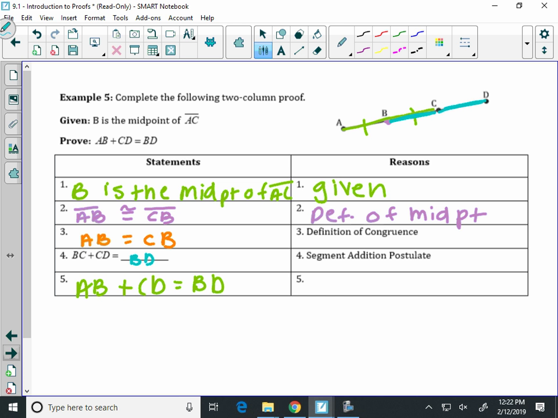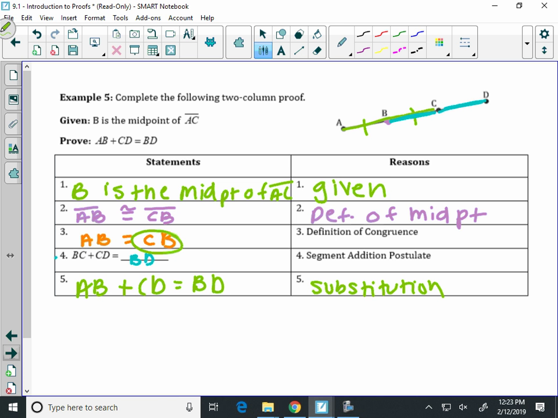Okay? If you notice from step 4 to step 5, they're almost identical. BD, we're adding CD, but these two are different. Okay? Whenever you have two lines that are almost identical, but one thing is different, your reason every single time is substitution. Here's why. We set up here that AB was the same as BC or CD.